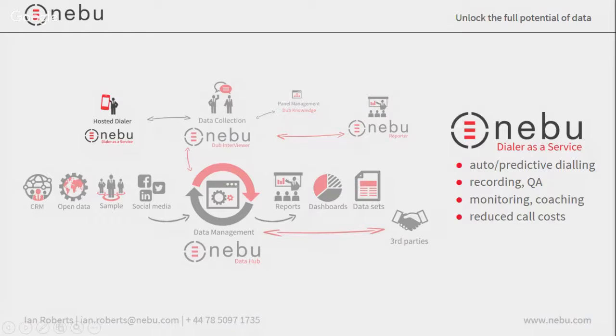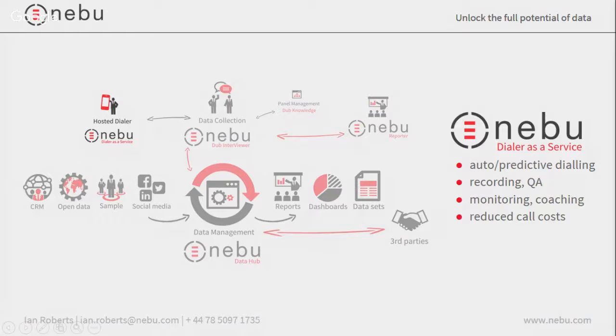Whilst there's also the increased talk time benefit to reduce agent costs, using Nebu's dialer as a service means Nebu itself purchases those calls and can do bulk buying of calls. So for multiple agencies, we can buy those calls and pass on those reduced costs to our clients using our hosted dialer service and our service providers, our core agents, our calling system, to get that discount on their core costs.